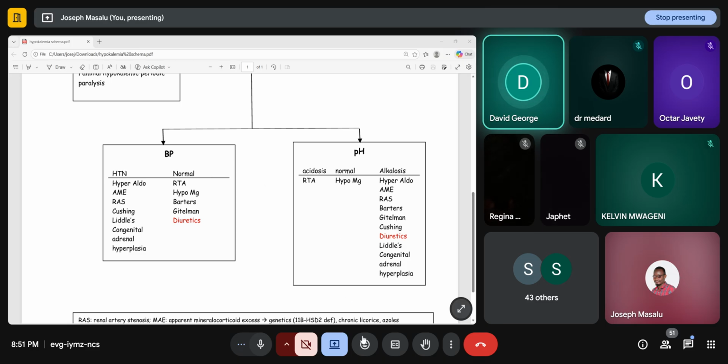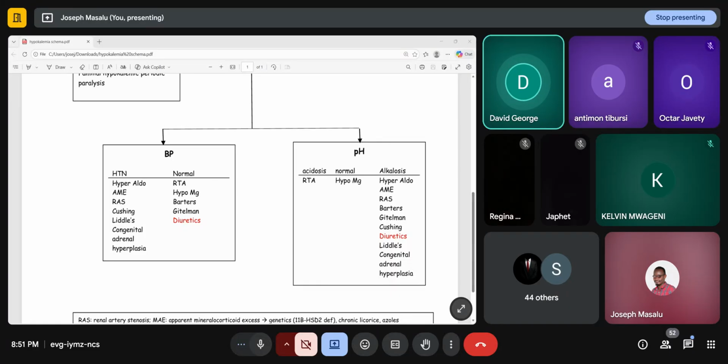Joseph, can you try and fix your internet, because it's breaking, and I think we are at a very important junction to learn. Can you try and fix it so we can follow, because it's breaking from point to point?